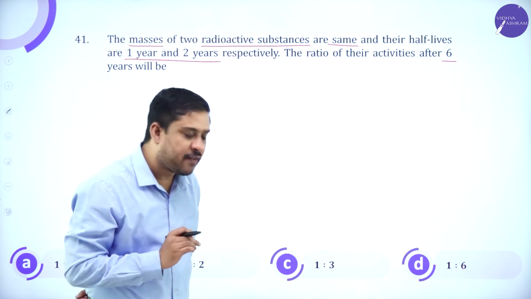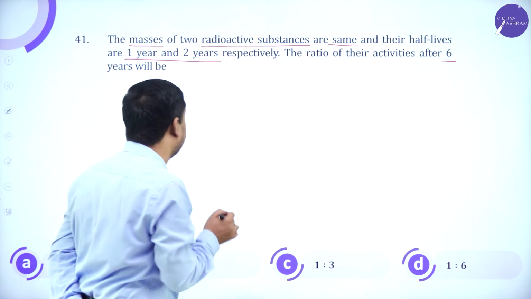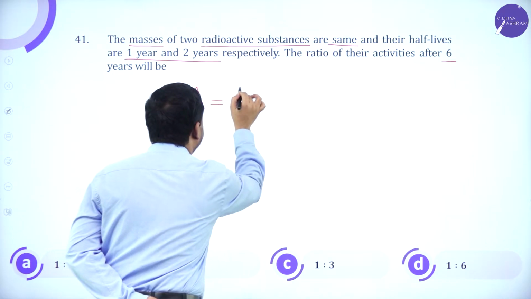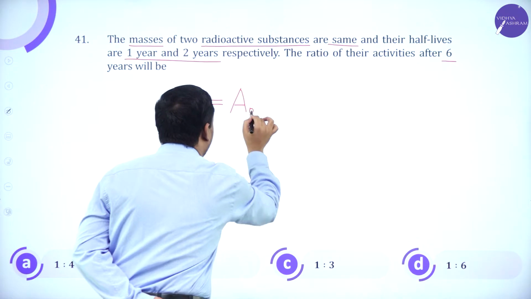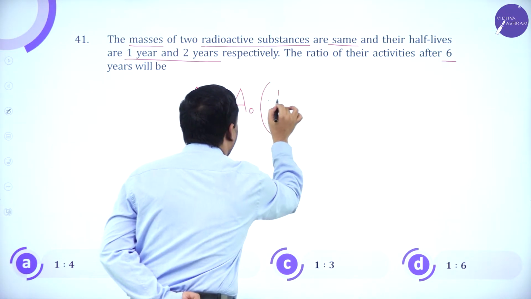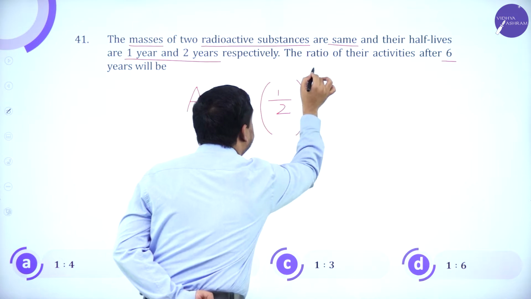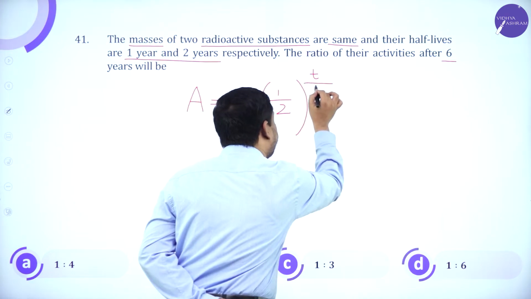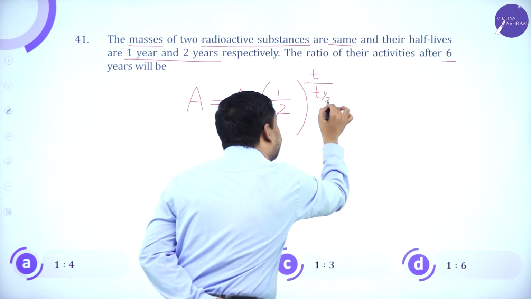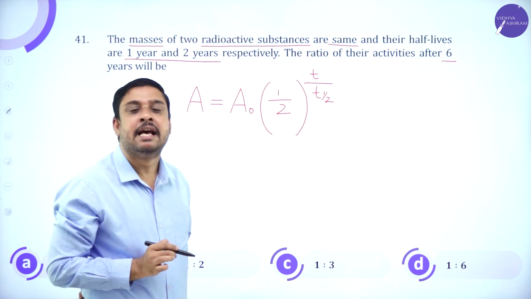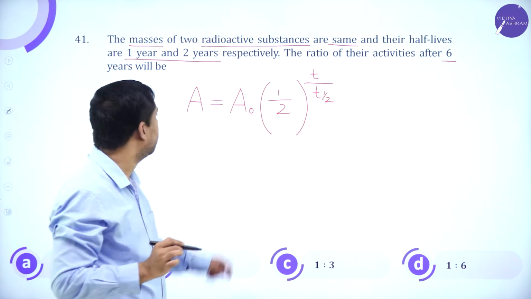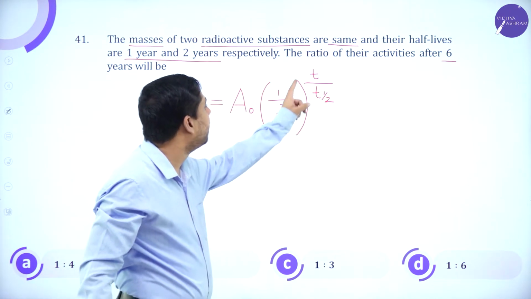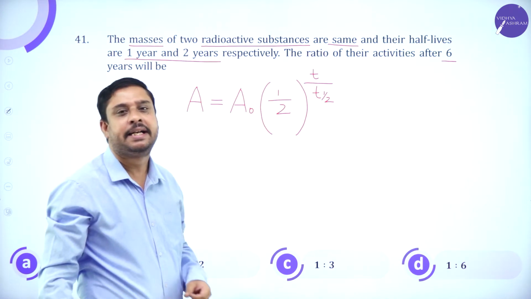I have to find the ratio of their activities, for which I used a simple shortcut. Activity A is A naught half to the power T divided by T half, where T denotes the disintegration period and T half is the half-life.